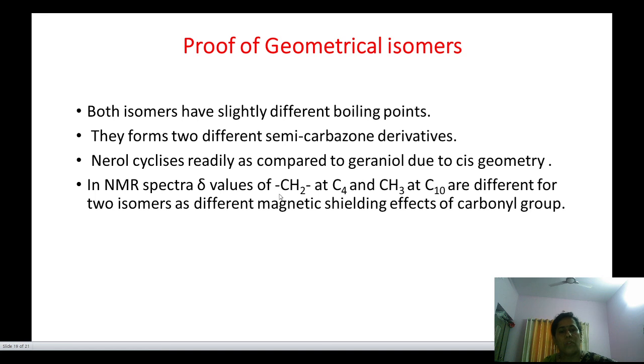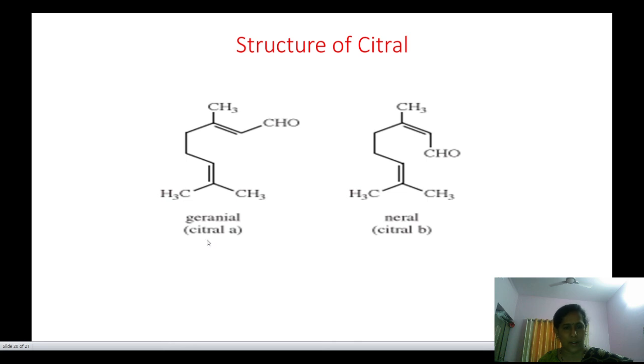That is, the delta values for CH2 and for CH3 at C10 are different, which states that the two isomers are different. But the structure of citral is a combination of these two. Therefore, the correct structure of citral is like this.